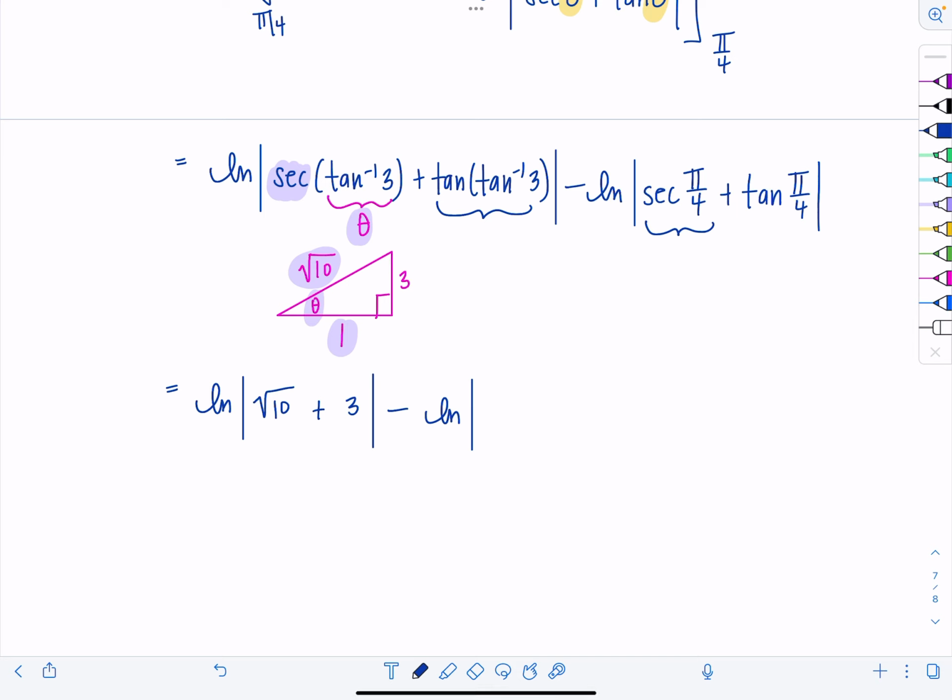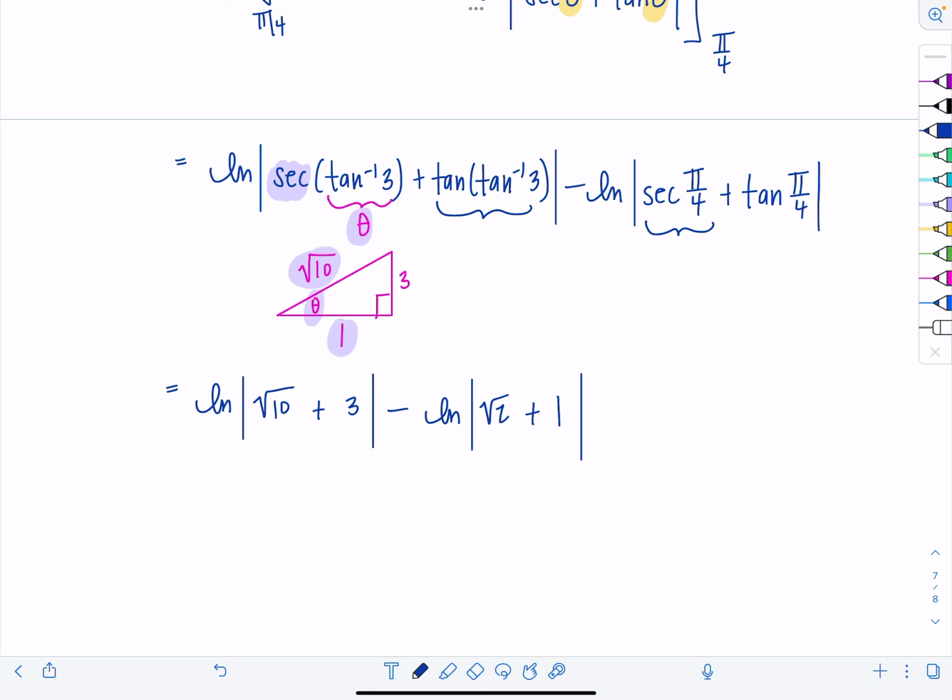Well, cosine of pi over 4 is rad 2 over 2 or 1 over rad 2. And I actually like thinking of it as 1 over rad 2 better because secant theta is the reciprocal of cosine theta. So 1 over rad 2, I can flip that easy squeezy in my mind. Now it's just rad 2 plus tangent of pi over 4, that's 1.